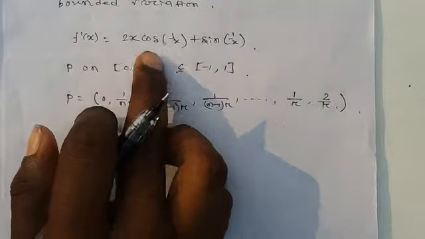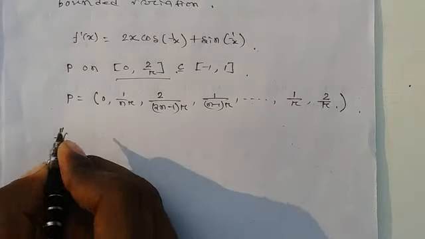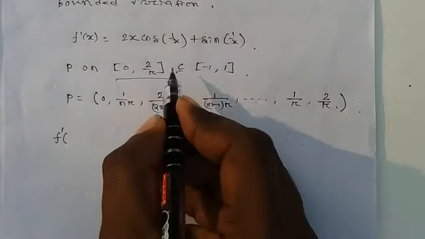So this is a partition on the set, and we need f dash, and f dash is this.